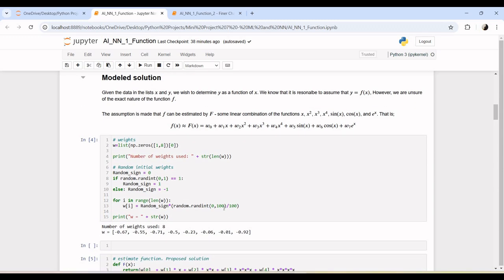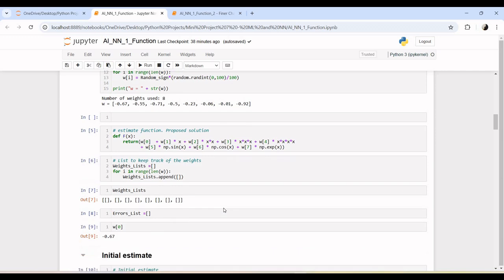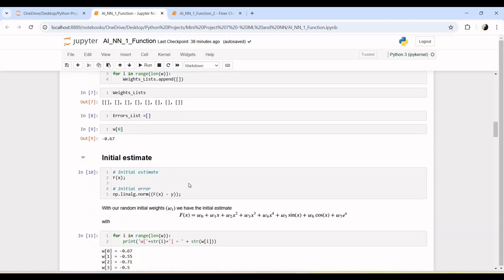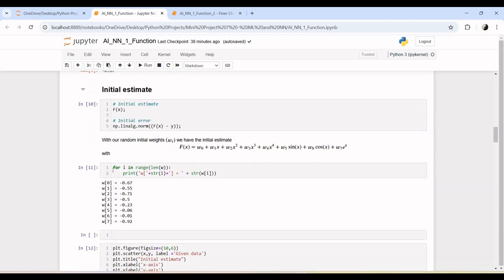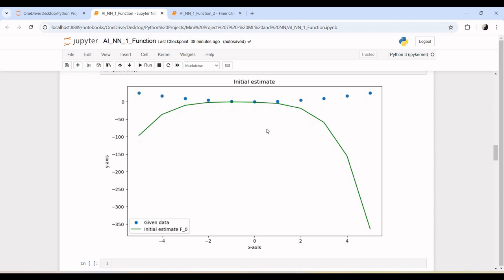We randomly guess an initial estimate with random weights to our linear combination, and here's our guess with initially random weights giving us the green graph, which is doing well to estimate our data in the middle, but towards the sides falls off with large errors here.